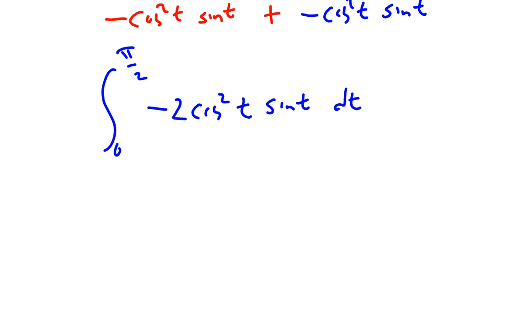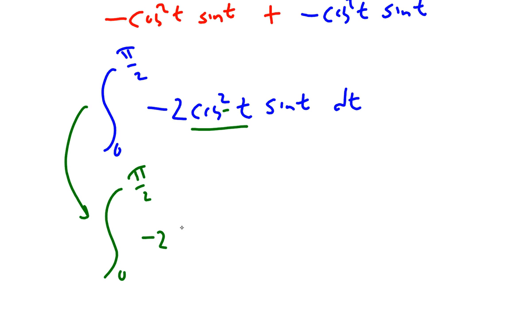So this is really like a chain rule in reverse. You can use a u substitution if you want. How did I spot it? Well, what I noticed is the cosine function inside the squaring function. So I'm going to write this as negative 2 cosine t squared sine t dt.